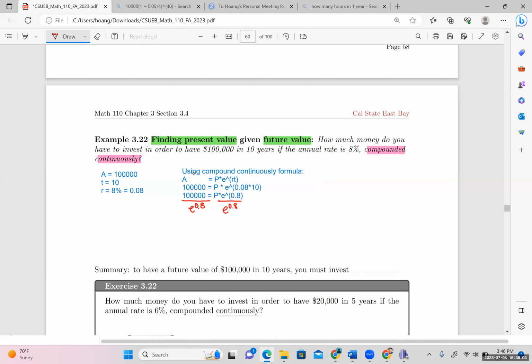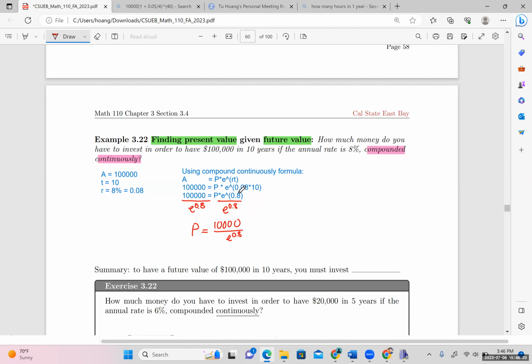So now P equals 100,000 divided by E raised to 0.8.